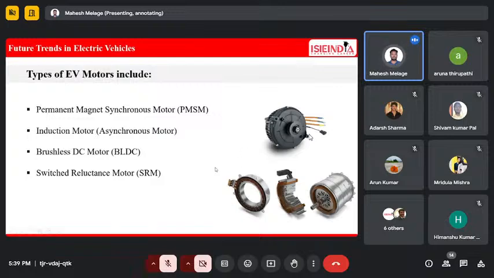The last one is the switched reluctance motor, SRM motor. About these motors, the permanent magnet synchronous motor and induction motor operate on AC supply. The battery stores DC supply, and these two motors operate on AC supply.